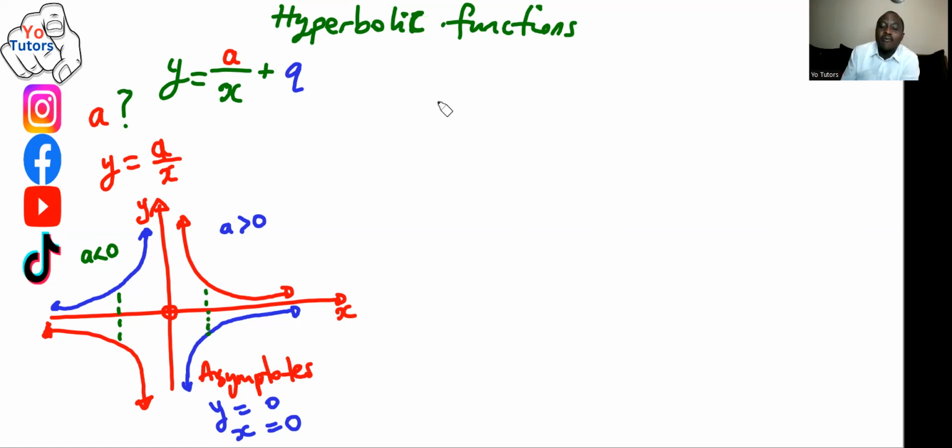Let's have an example of a few graphs that we can draw, and see how A affects the graph. A also stretches the graph. So let's have a graph of y equals 1 over x, and also y equals 2 over x.